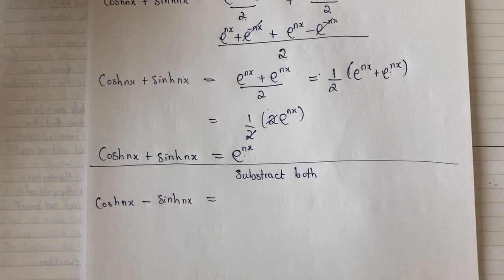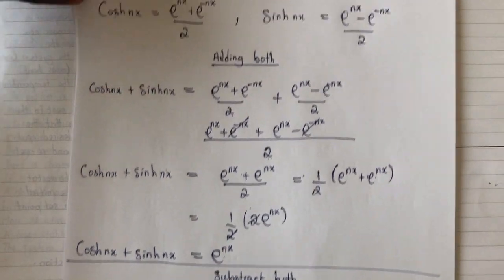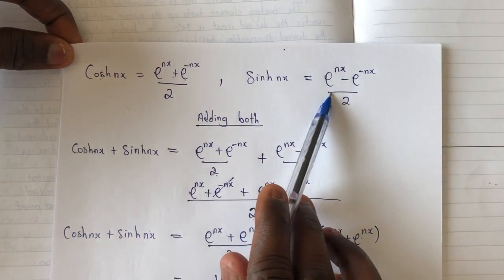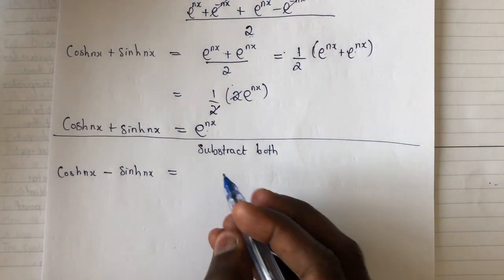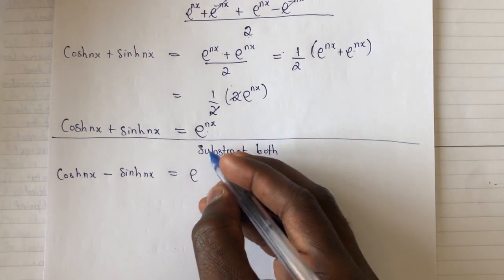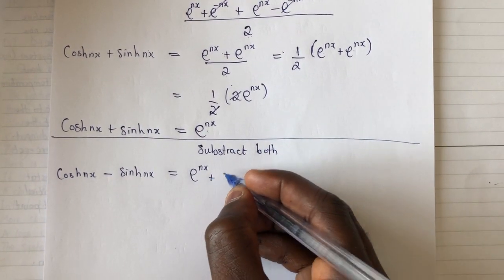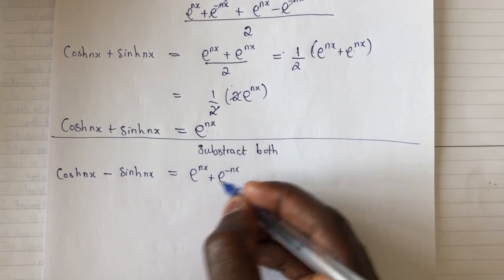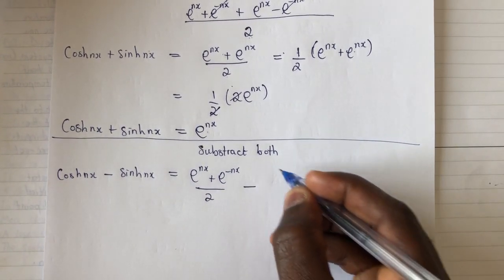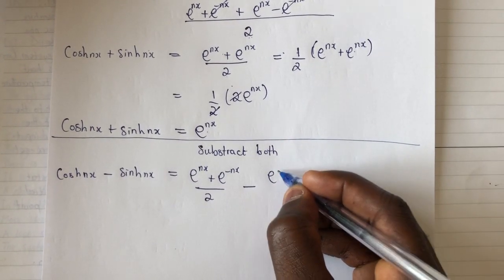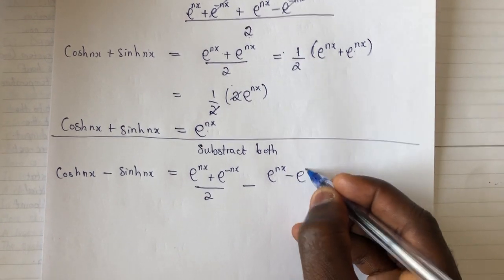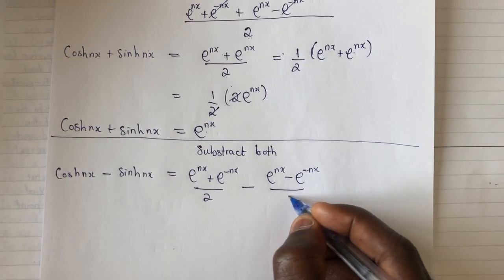What is cosh nx? Cosh nx is this, and this is sinh nx. So we are getting e raised to the power nx plus e raised to the power minus nx all over 2 minus e raised to the power nx minus e raised to the power minus nx all over 2.